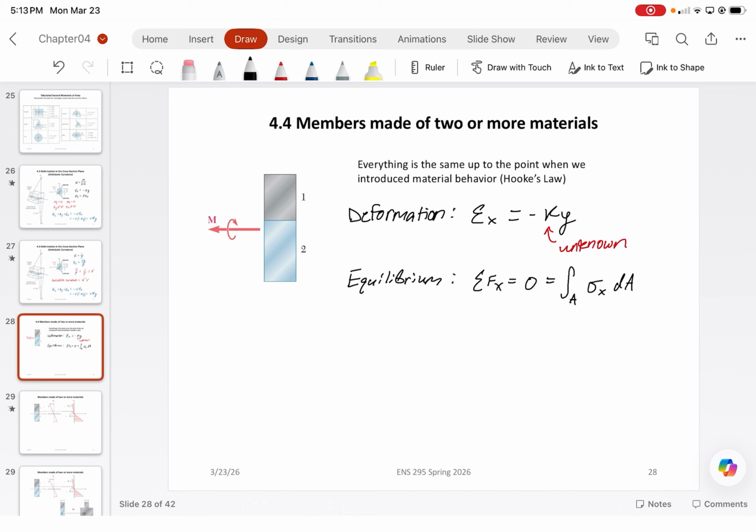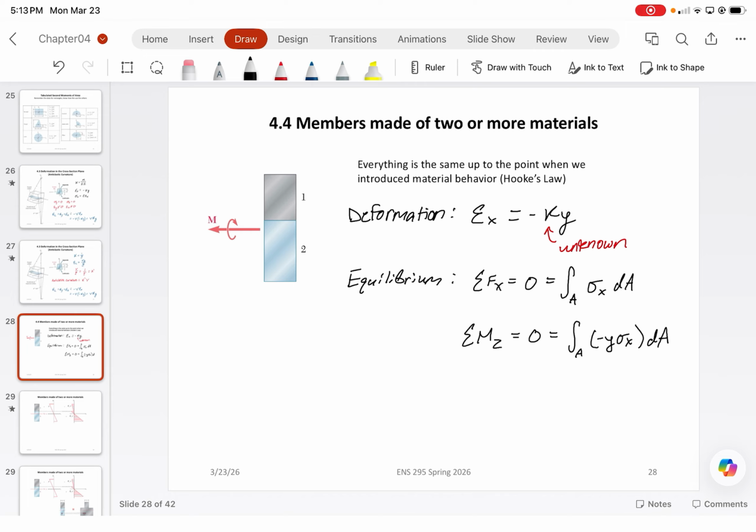What else? Well, since we're dealing with bending now, we also have a moment term. This moment term is going to be the sum of the moments about the z direction, which is equal to, again, 0, which has to equal the sum of the stresses, negative y, times sigma x, times dA.